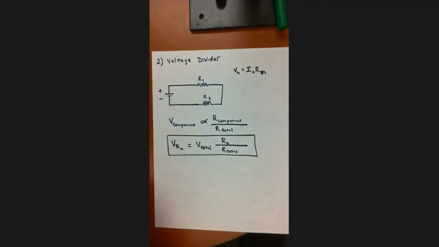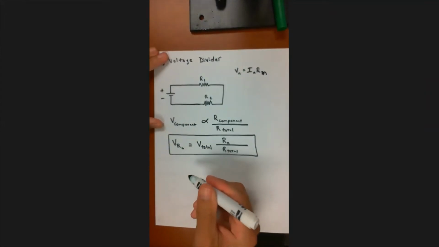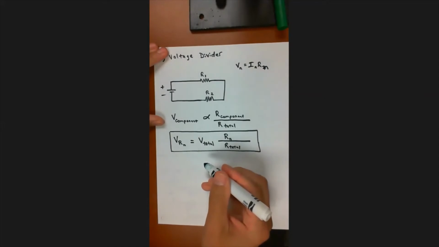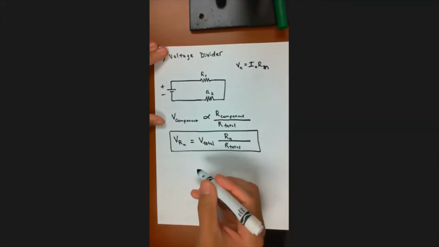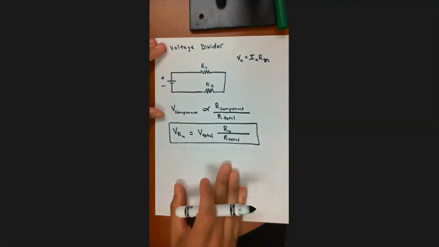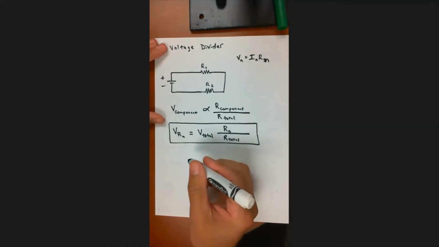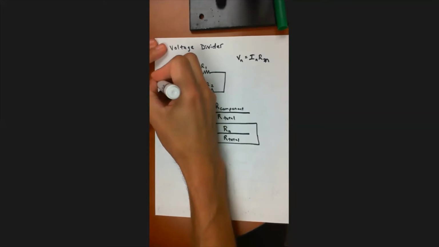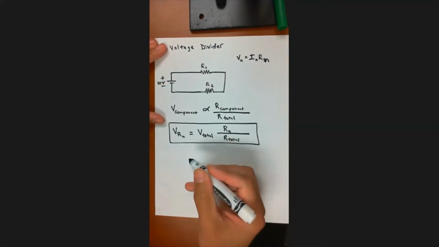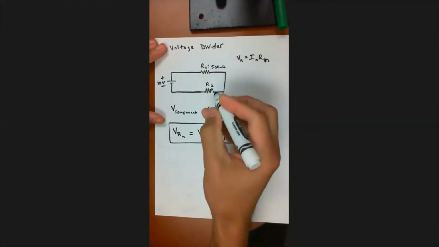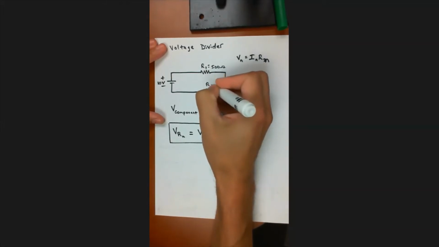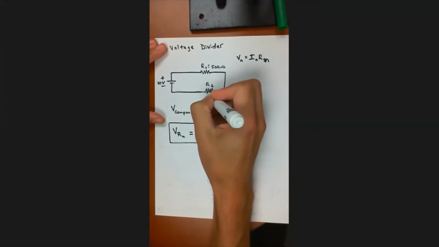Okay, let's do an example just to make it more concrete. Let's make the numbers really easy, so we probably won't even have to use a calculator. Let's say that this is 10 volts, R1 is 500 ohms, and R2 equals 100 ohms.